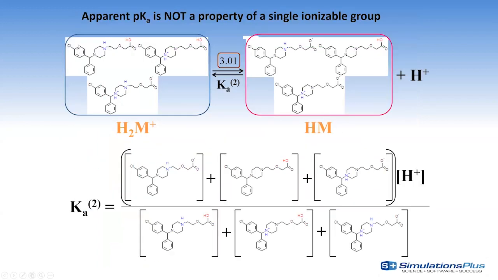And you can form an apparent expression for the Ka, the ionization constant, by taking the whole population of microstates and their molar concentrations, this microstate, this one, and this one, and dividing them by the whole population of other microstates. So that's how the pKa works. It's a function not of a single group, it's a function of all groups in the compound.